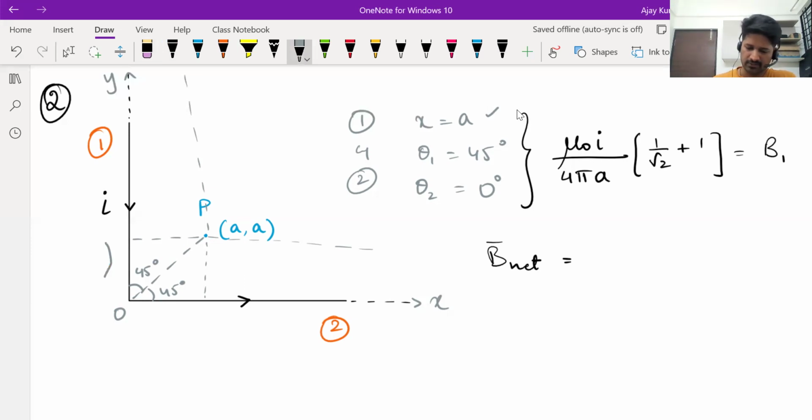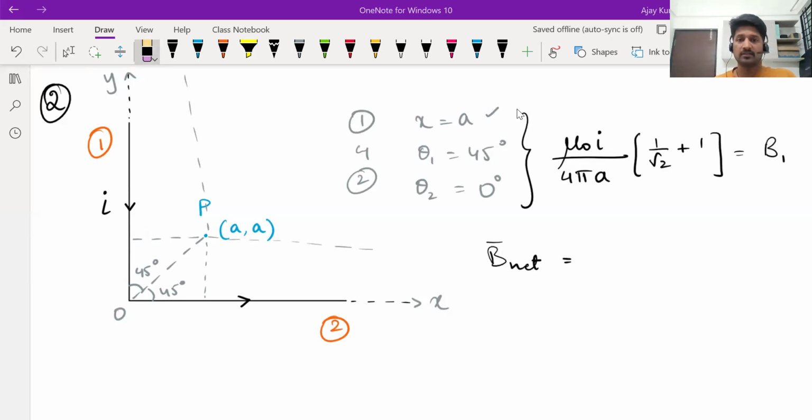The thumb will be pointed this way, and fingers towards the point. It is a little difficult to actually place your right hand like that, but you will see that the palm will be open towards you and your fingernails will be towards the screen. So the magnetic field is outward.